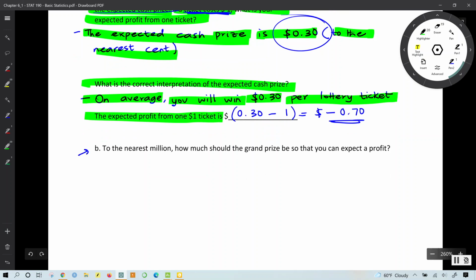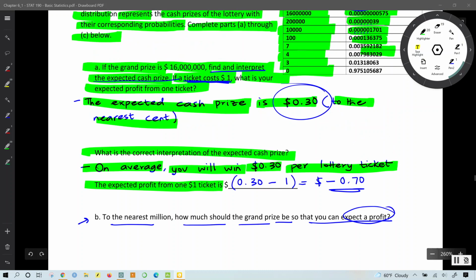Now, the next question says, to the nearest million, how much should the grand prize be so that you can expect a profit? In order to get a profit here, we would expect that the expected cash prize should be at least equal to the $1 you're paying.